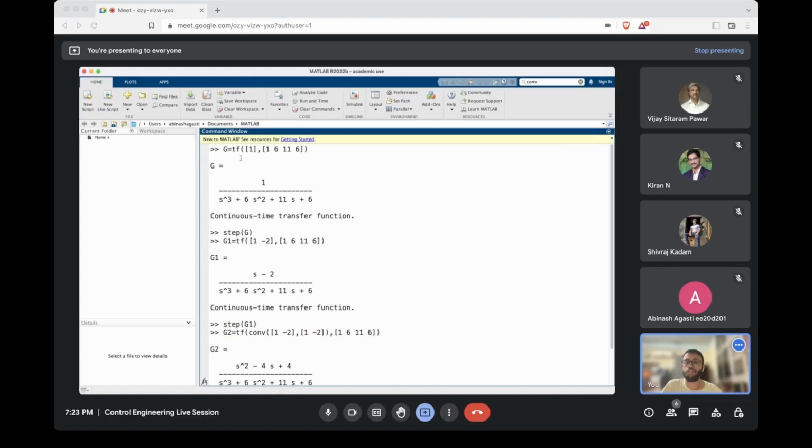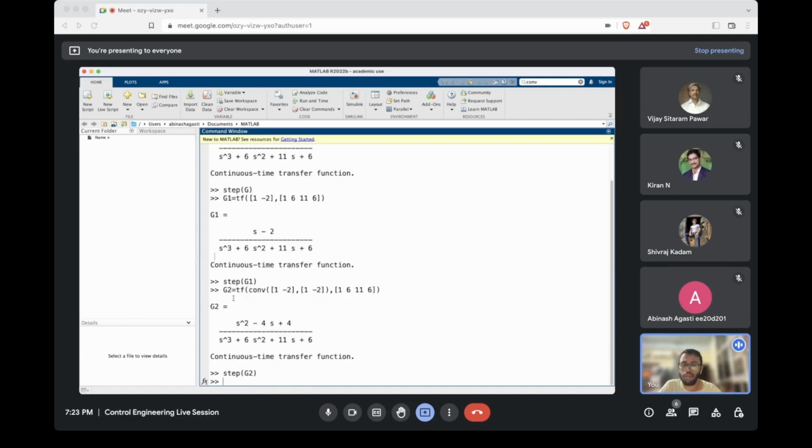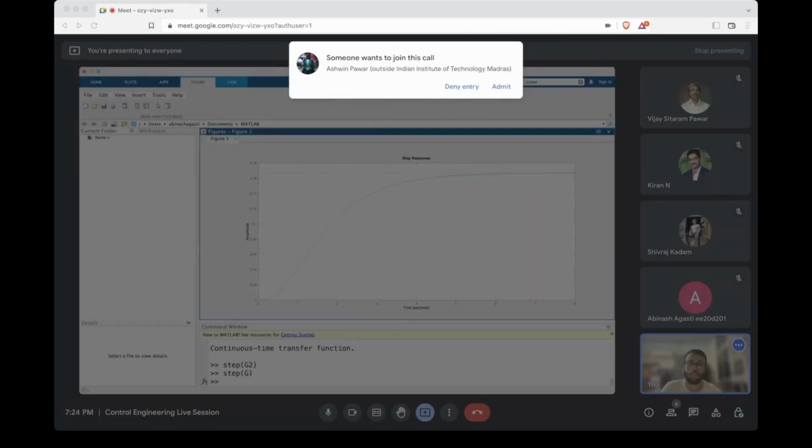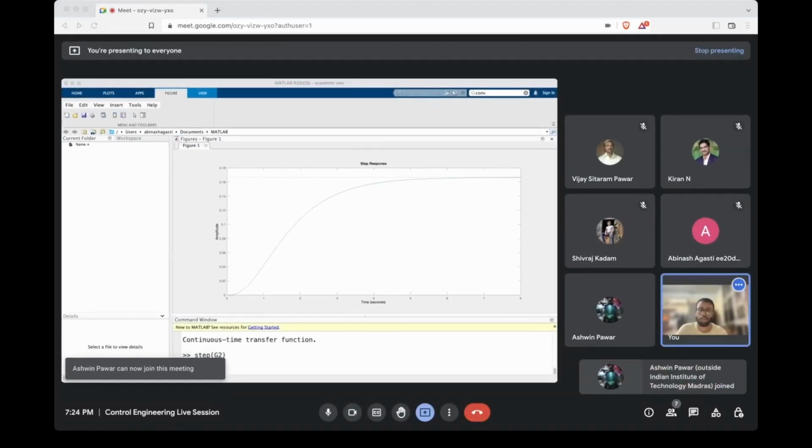So you can see that we took this transfer function that has only the poles, no zeros. Then G1 is the transfer function with 1 zero and G2 is the transfer function with 2 zeros. Let us just take the step responses and look at them first.